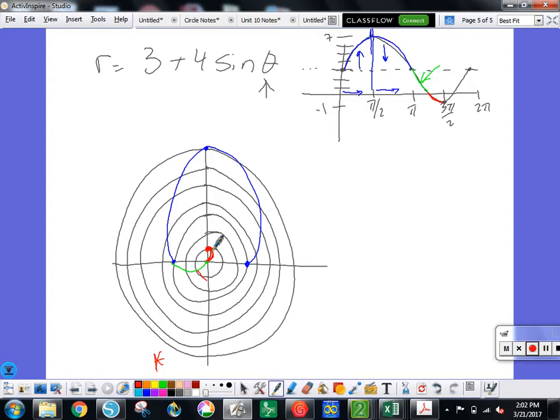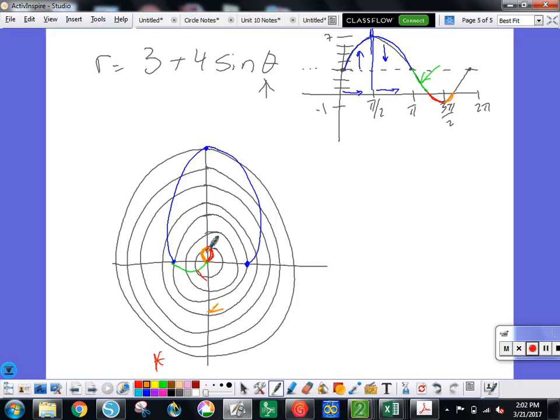Now, I'm going to come back and use orange here to do this part. Notice we have the same situation, don't we? For this little part of your angles, your radiuses are negative, aren't they? So where do we get pushed to? The second quadrant. So that's why he's going to come around and be over there.